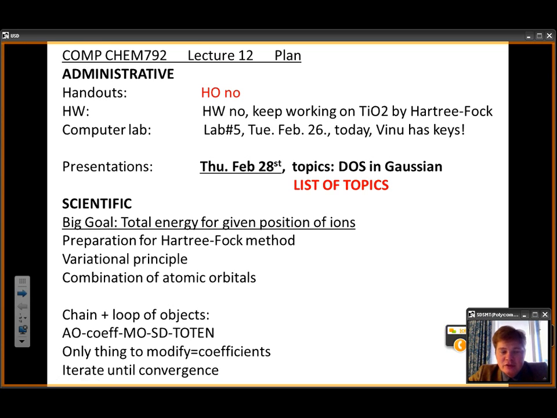And then I will review the sequence of connected calculations. So from atomic orbitals to coefficients to molecular orbitals to Slater determinant to total energy, which is a routine procedure of the Hartree-Fock theory.